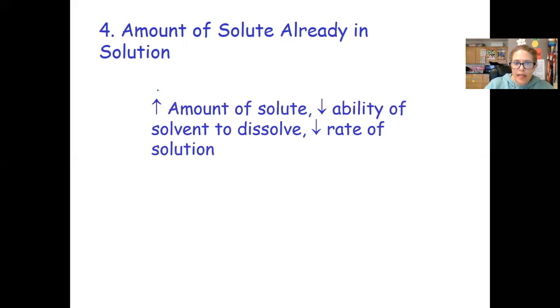So if I increase the amount of solute, meaning add more sugar, more salt, more whatever chemical we're talking about, I decrease the ability of the solvent to dissolve because it's already got a lot of stuff in it. So that decreases the rate of solution. That first packet of sugar is going to dissolve faster than the 8th packet of sugar.